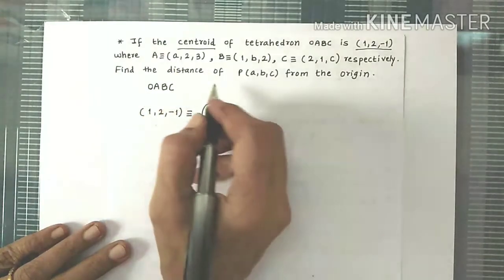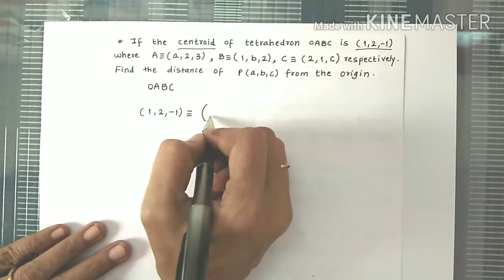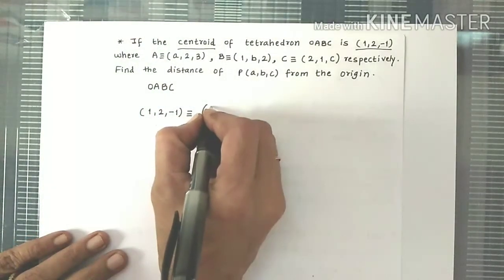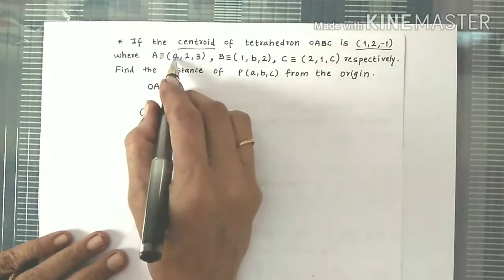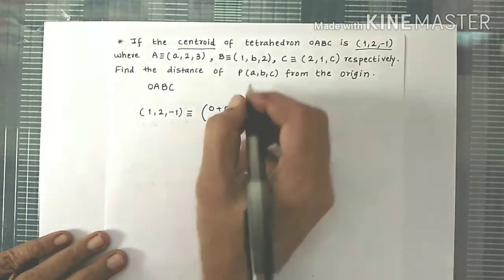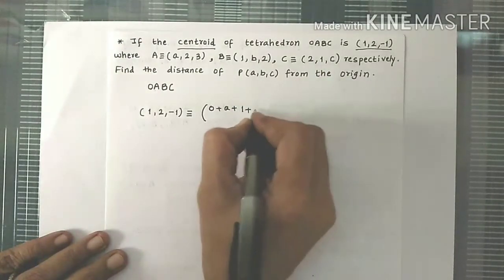So let's add the x coordinates of all the vertices and divide by 4 to find the x coordinate of the centroid. O is (0, 0, 0), so that one is 0. Then the x coordinate of A is a. Then the x coordinate of the next vertex is 1. Then the x coordinate is 2.